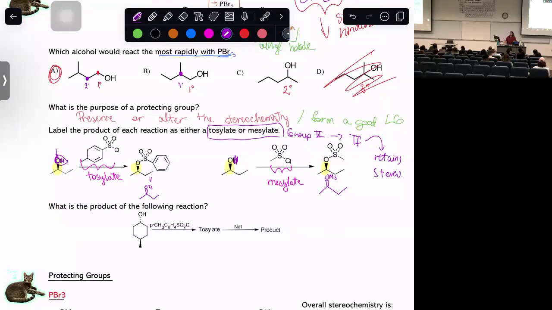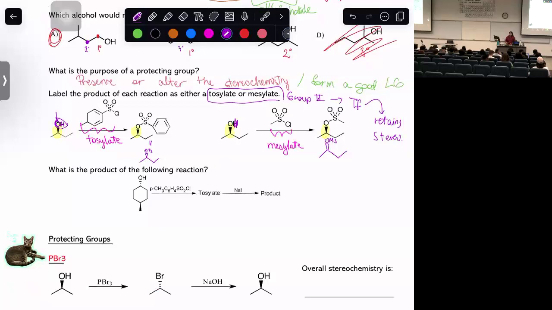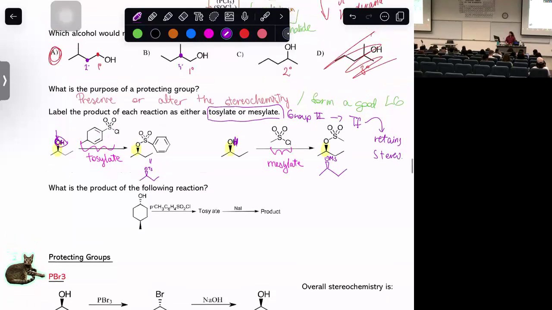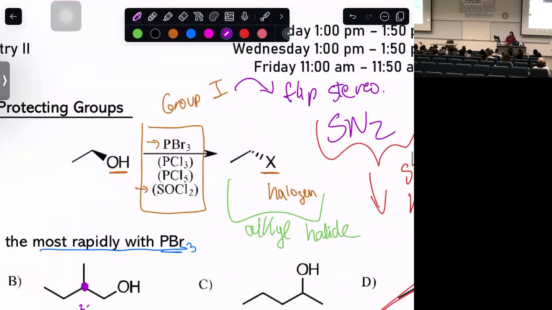So far, questions on that? Yes. You say the top part, they're two different groups. Yes, they're two different things. They're two different groups, but they're the same kind of reagents. You didn't do a reaction. For group 1, we did do a reaction in here.